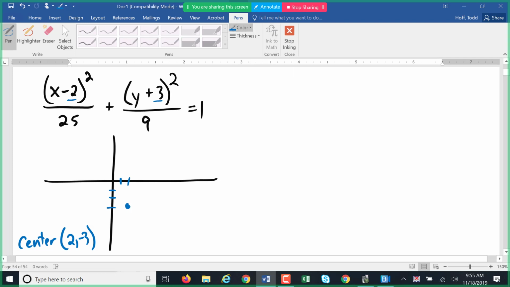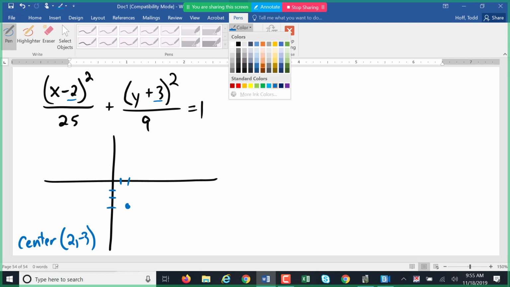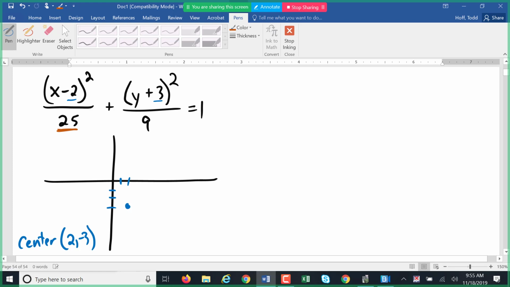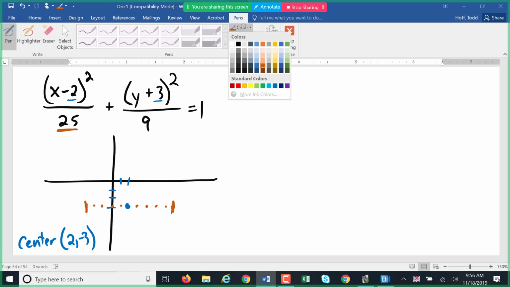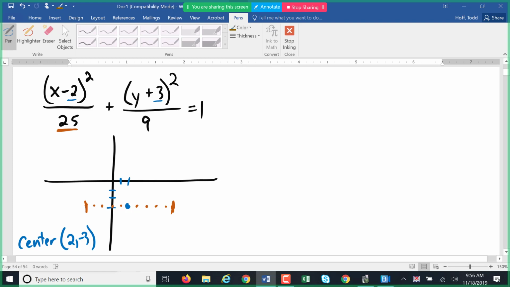The horizontal semi-axis is the square root of 25, or 5 units long. The vertical semi-axis is the square root of 9, or 3 units long.